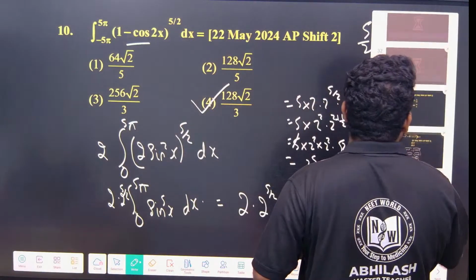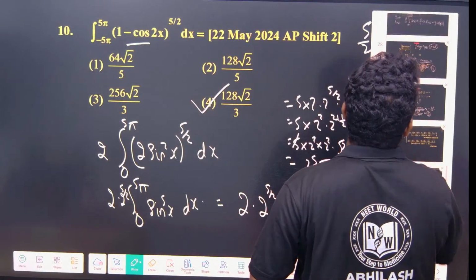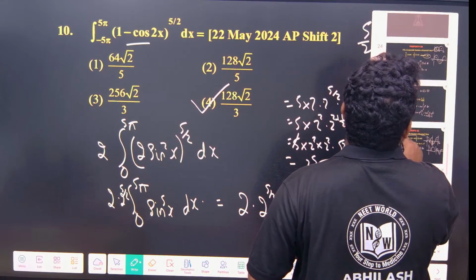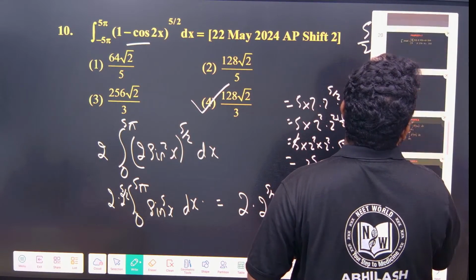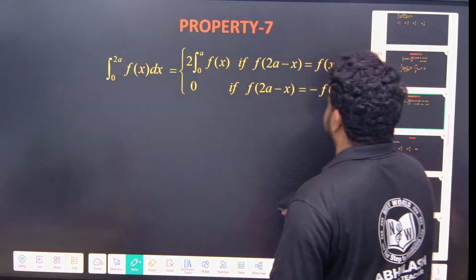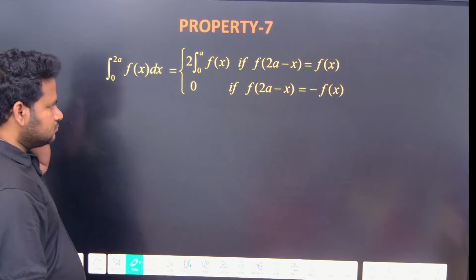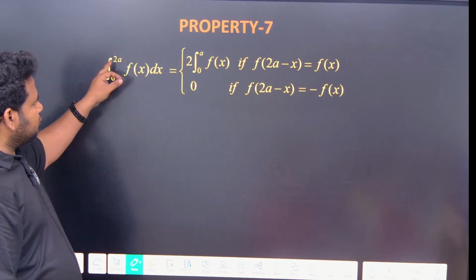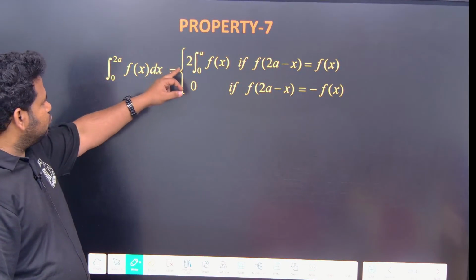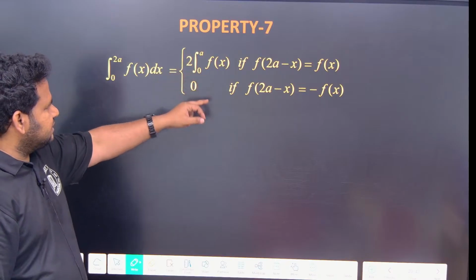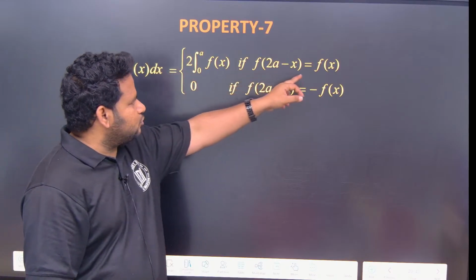See here. Zero to 2a is equal to 2 times 0 to a f of x, if f of 2a minus x is equal to f of x.